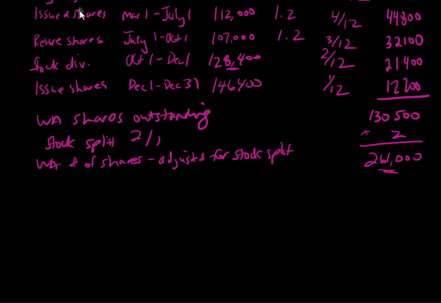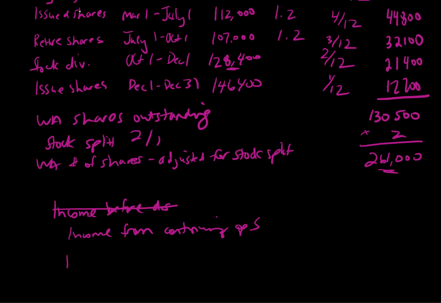Okay, so now let's deal with our income numbers. So we've got income before discontinued operations. Actually, we should call it income from continuing operations. And we've got discontinued operations. And then we've got net income.